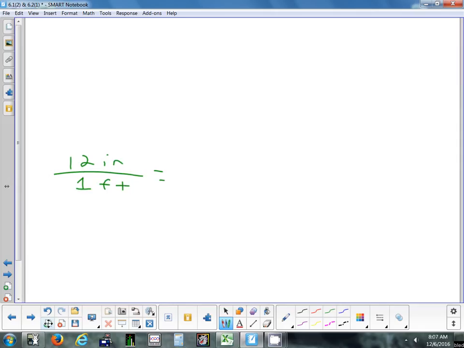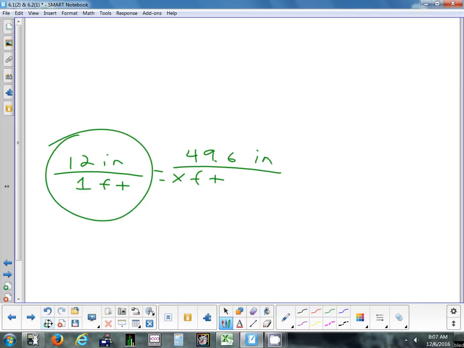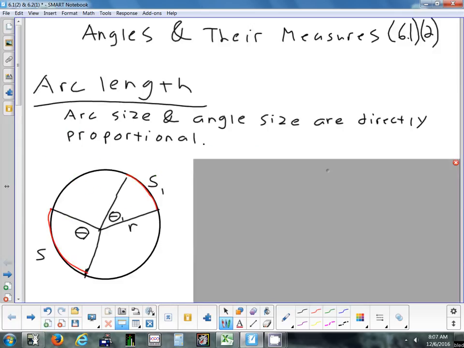Okay? And then if you said something like, I have 49.6 inches, how many feet is that? I just have to solve that proportion. Okay? But I have to already know this fact to start. If you don't know one fact at least, you can't figure out anything else. Same idea here. We have to already know a fact.